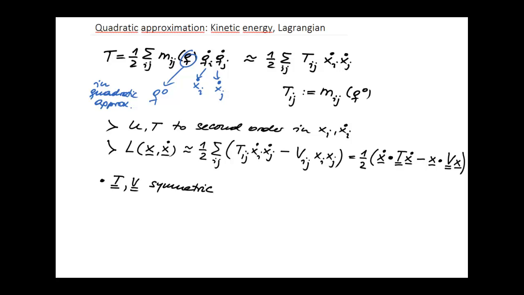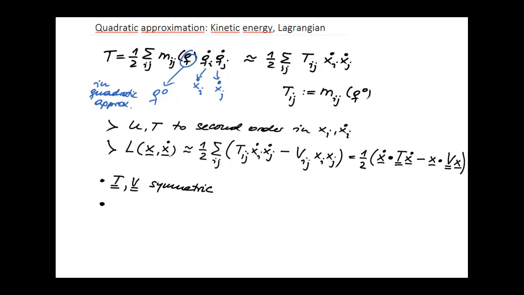As for the matrix T, this is something that we had discussed earlier when we considered transformations from Cartesian coordinates to arbitrary generalized coordinates, time-independent transformations. Then we had obtained this matrix Mij, and we had shown earlier that this matrix is symmetric, and therefore also the T is symmetric. What else can we say?